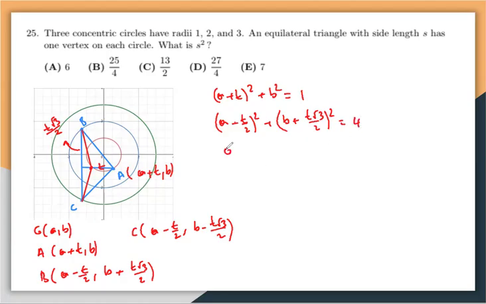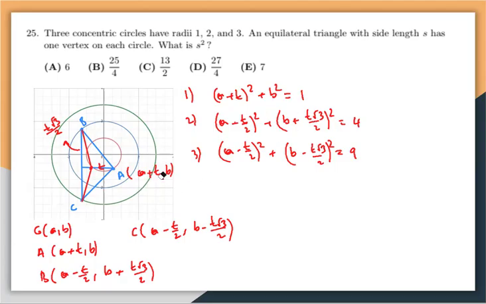And then for C, you have A minus T over 2 squared plus B minus T root 3 over 2 squared is equal to 9. I'm going to call these equations 1, 2, and 3.